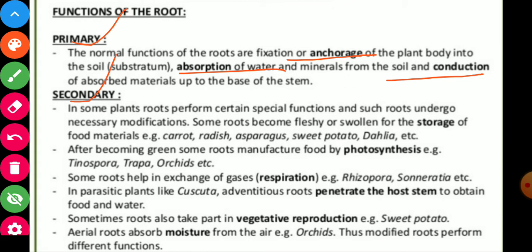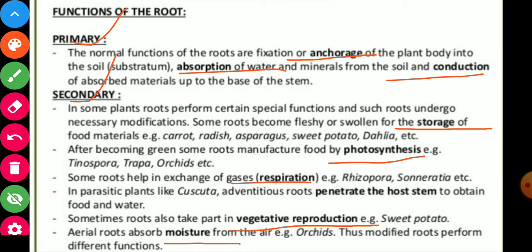But in secondary function, they can store food, they can photosynthesize, they can also be used as respiratory organs, and they can also be used in vegetative reproduction, and some absorb moisture from the soil and atmosphere.